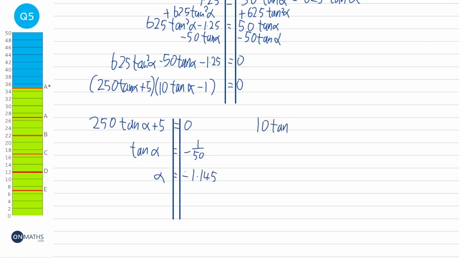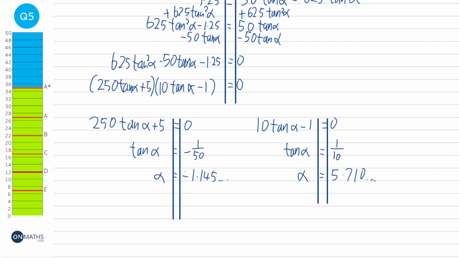So 10 tan alpha minus 1 equals 0. Add the 1 both sides, and divide by 10. So that would be tan alpha is equal to 1 over 10. So alpha would be 5.710 blah blah blah.